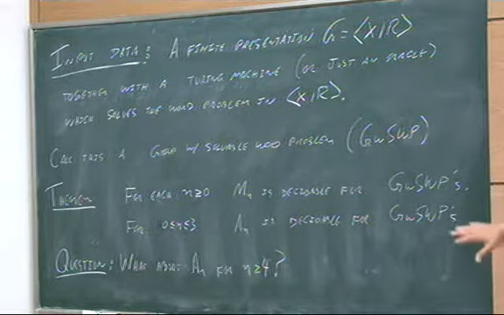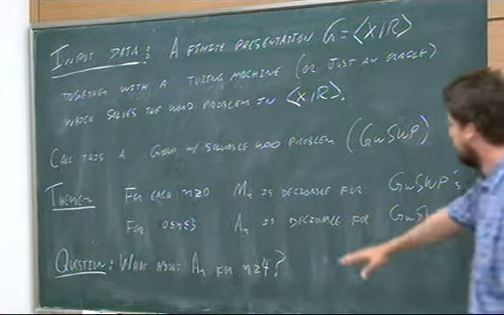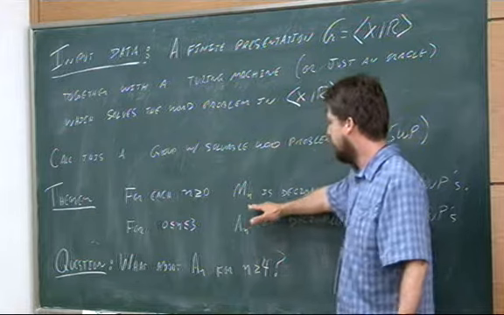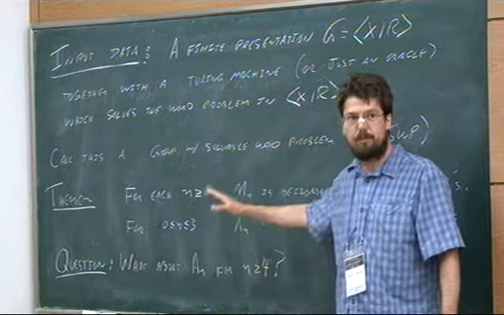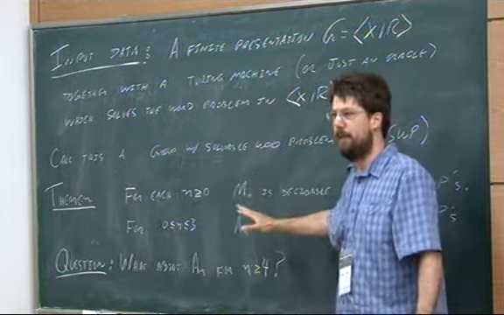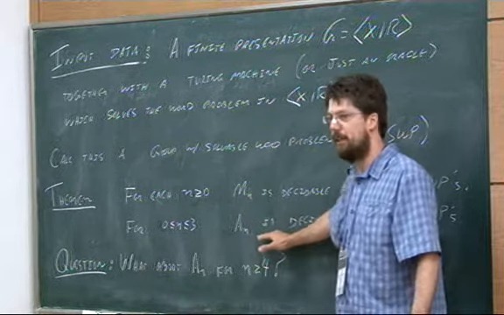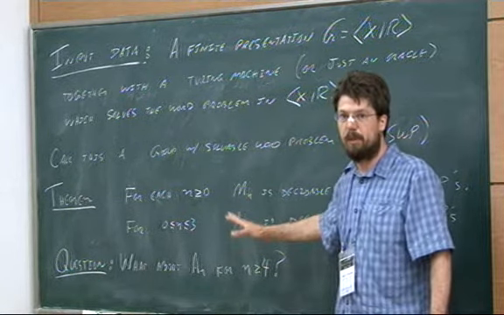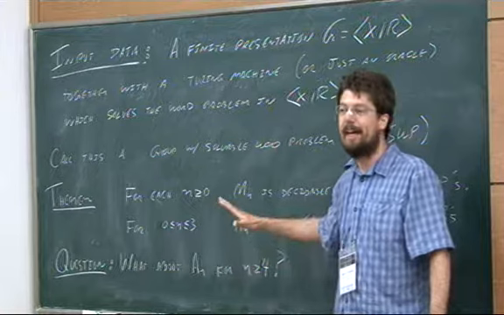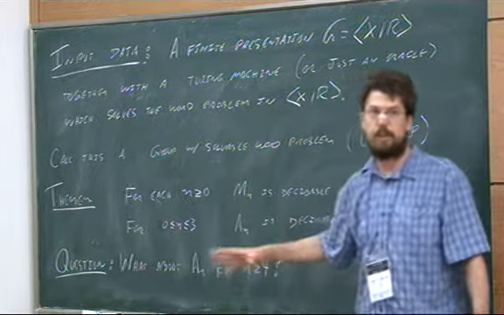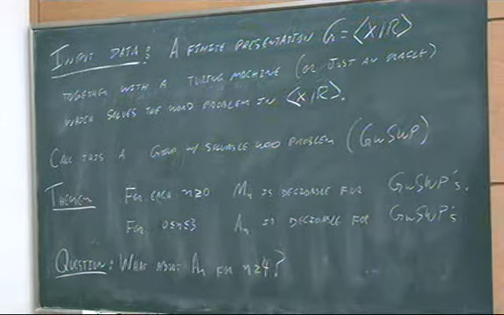So just again, I erased the original definition. This statement m sub n is that the group is the fundamental group of some closed orientable n-manifold. And a sub n is that it's the fundamental group of a closed orientable aspherical n-manifold. So they're slightly different questions.